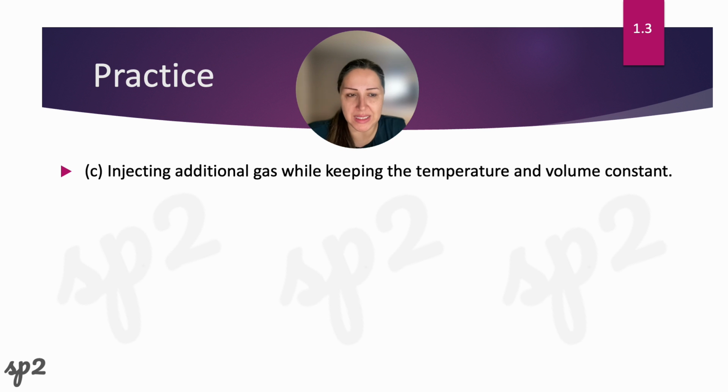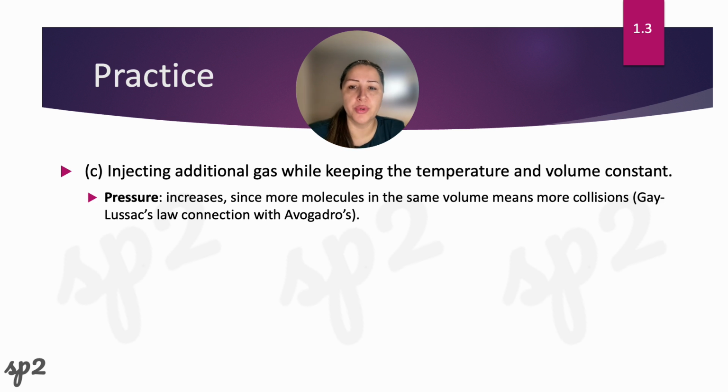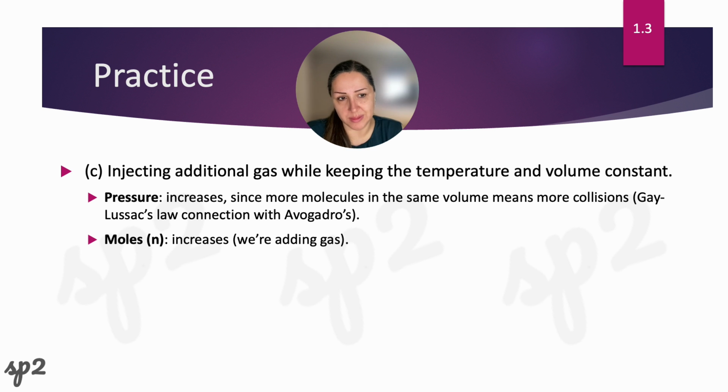For part C, it says injecting additional gas while we keep the temperature and the volume constant. So the pressure has to go up, because we're adding more moles of the molecules. We have a higher number of moles, but the same volume, so there are going to be more collisions and more force exerted on the container wall, and therefore the pressure has to increase.